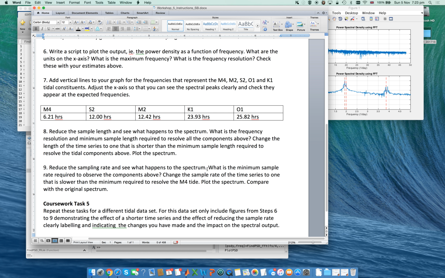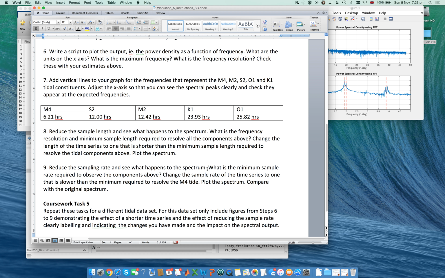The minimum sample rate required will depend on whatever that maximum frequency is. So the M4 tide here has got the shortest period, 6.21 hours, and therefore that will have the highest frequency. So we can work out the frequency for the M4 tide.